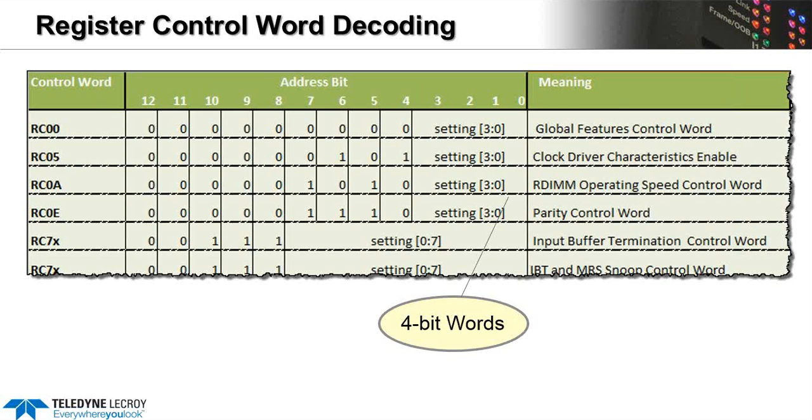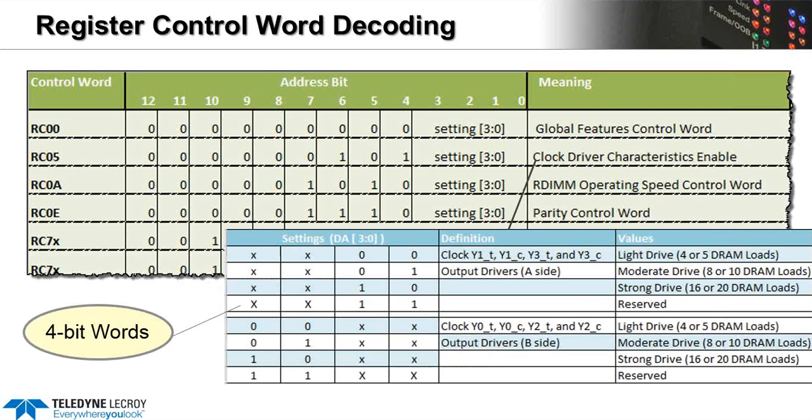For example, RC05 gives us a 4-bit configuration for setting the clock driver strength. This allows the host to boost the clock signal to a higher level, maybe to compensate for a too high stack or a different design, a different raw card. So register commands play an important part in getting the system configured and running at the higher DDR4 speeds.